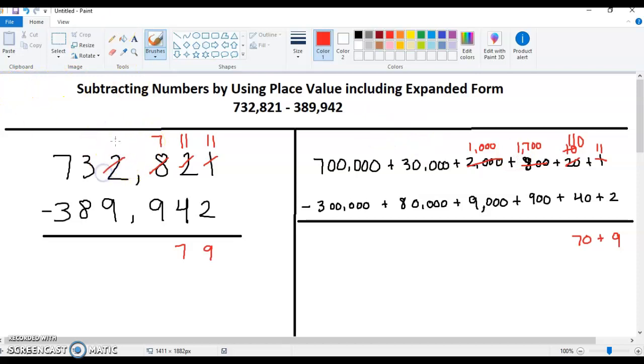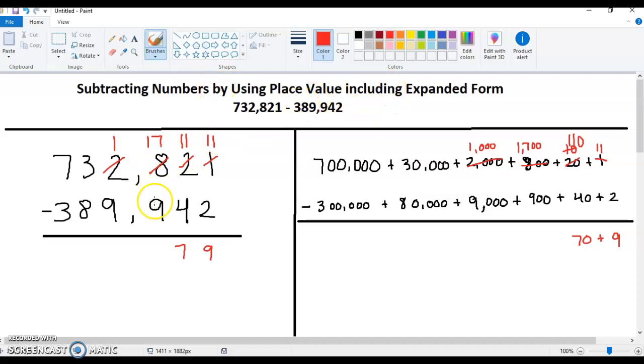So you take the 1,000, which is 10 groups of 100, and you add 10 plus 7, which is 17. So that's why you can just drop the 1 right there. Even though it looks like you're just putting a 1, you're really dropping a group of 10. So now you can subtract.